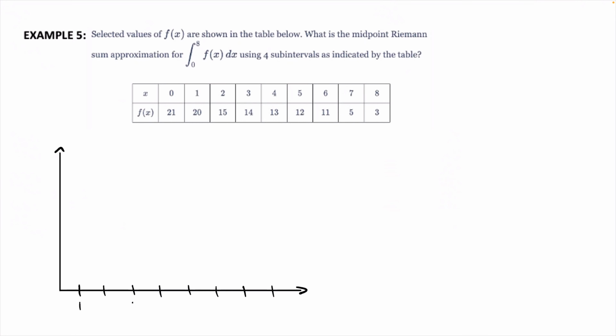And then the y's go from 3, the lowest is 3, the highest is 21. So you can count by 5s. 5, 10, 15, 20, 25.